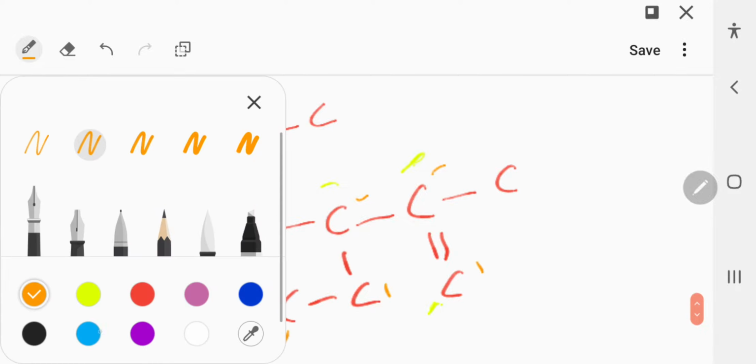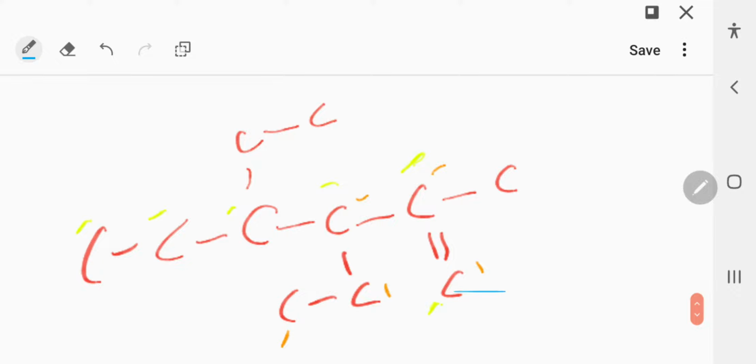This is another chain. Or 1, 2, 3, 4, 5, 6, which is the same as the first one. What about this one? 1, 2, 3, 4, 5, 6. Now we can't take this one because it does not contain the double bond. So the double bond must be included within the chain.